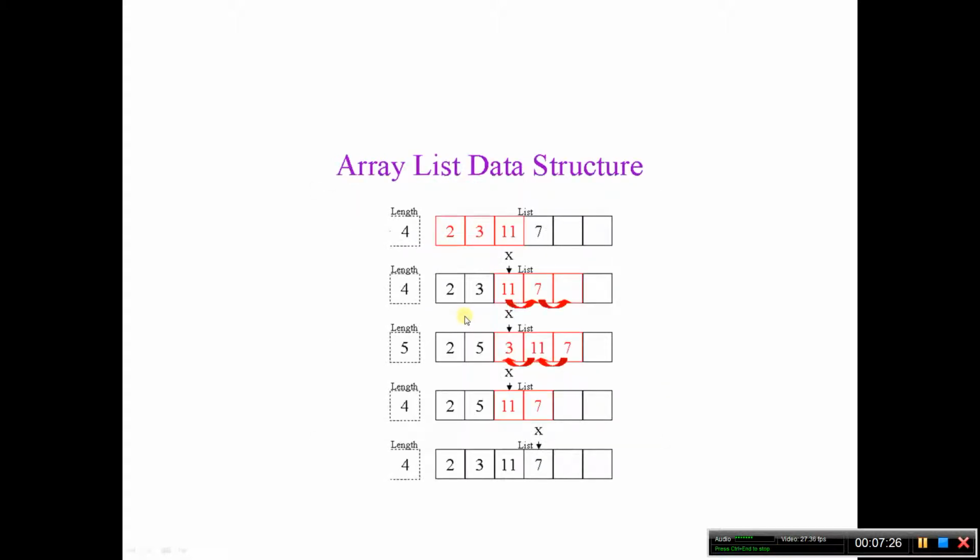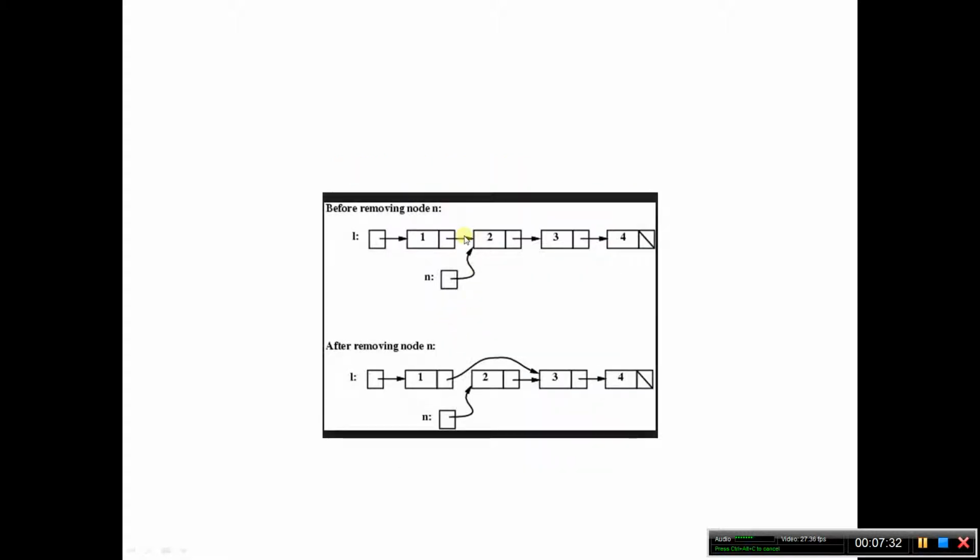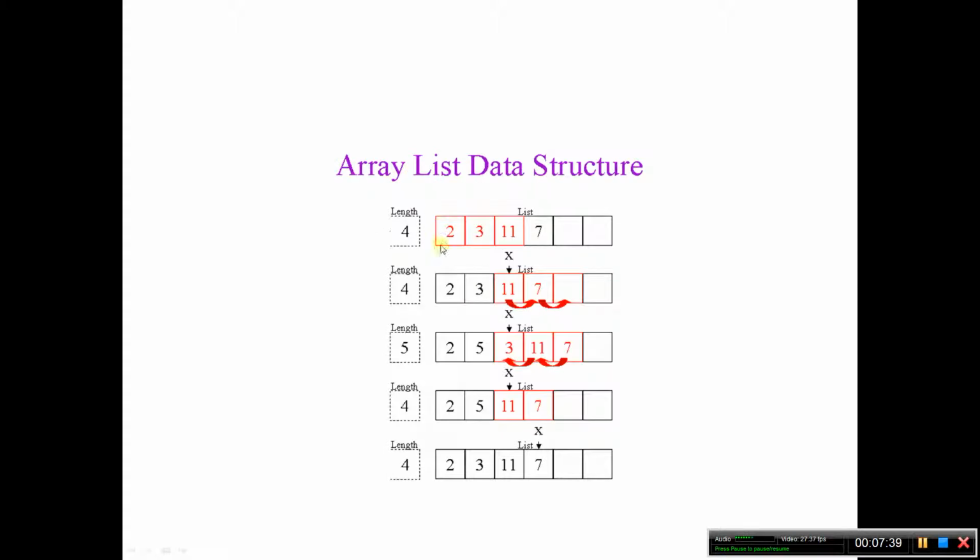Now let's see what a linked list is. A linked list also holds a list of information or objects, but it holds links to the next element, unlike array list. In array list, the information is stored in contiguous memory locations, so it is easy to traverse, but it is not easy for the system to perform insertions and removals, because it has to shift the positions of the elements.